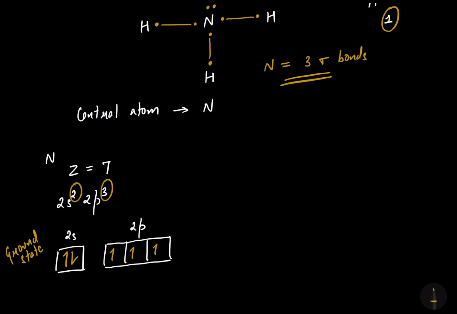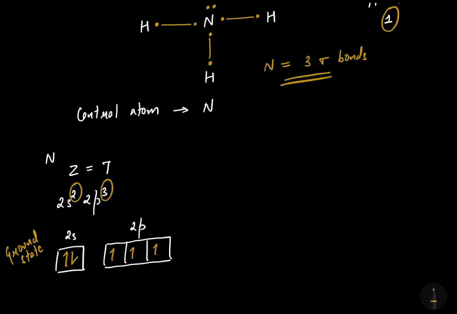Because I have already told you, whenever 2 atomic orbitals overlap to form a bond, both orbitals must have 1 electron each. Here the orbitals of nitrogen will overlap with the orbitals of hydrogen for the formation of sigma bonds. There are 3 sigma bonds, so nitrogen must have 3 different orbitals containing 1 electron each for overlapping with the orbitals of the 3 hydrogens.